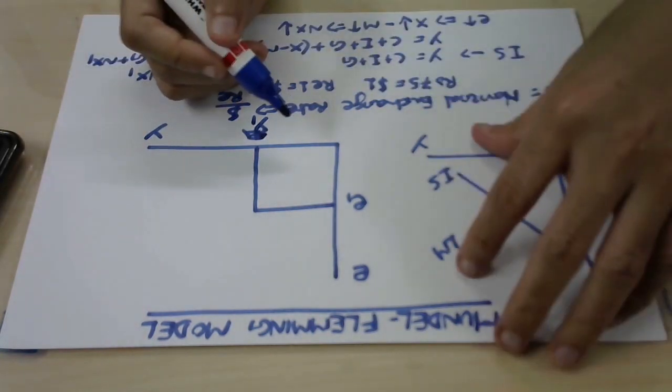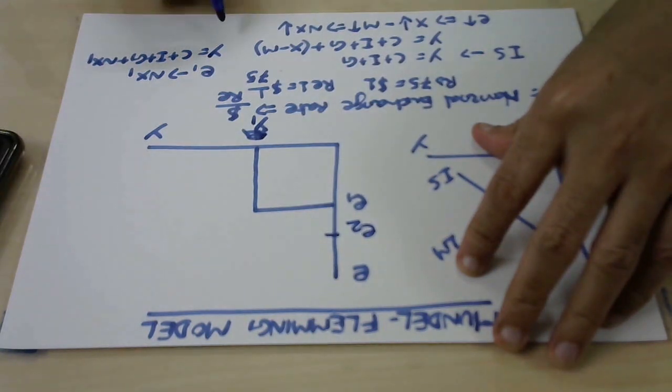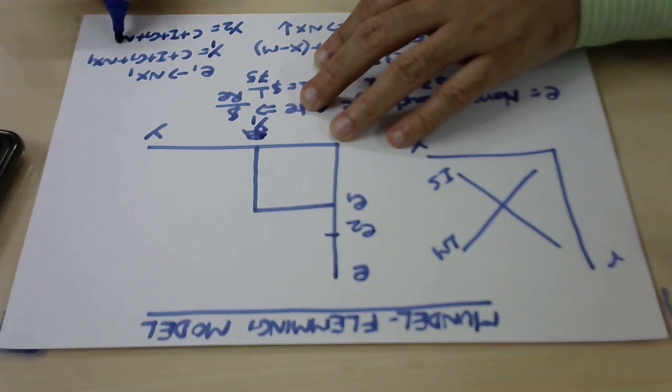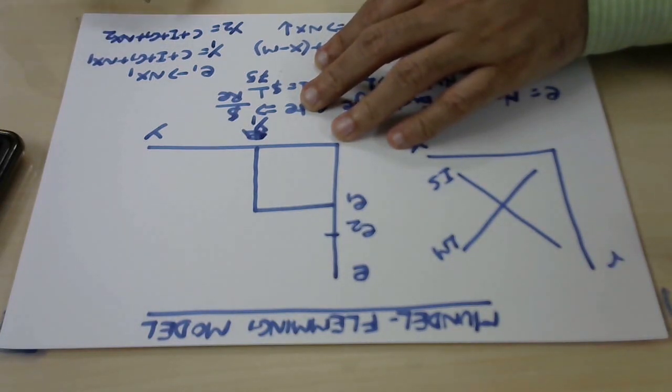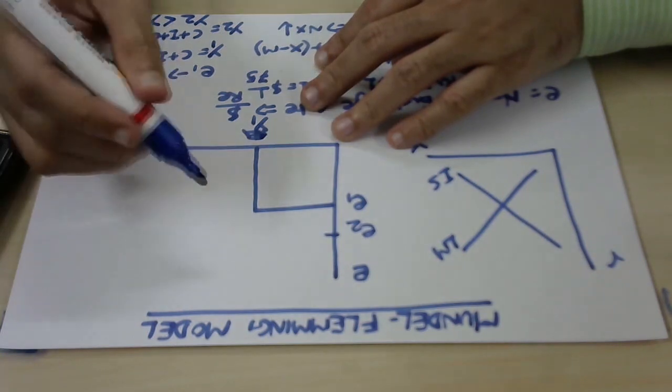Now suppose the exchange rate appreciates to E2. Y1 was C plus I plus G plus NX1, Y2 will be C plus I plus G plus NX2, and because NX2 is less than NX1, because exchange rate has appreciated, Y2 will be less than Y1.